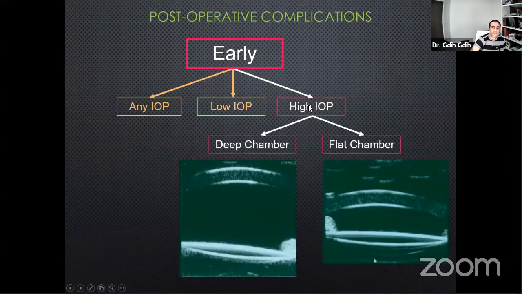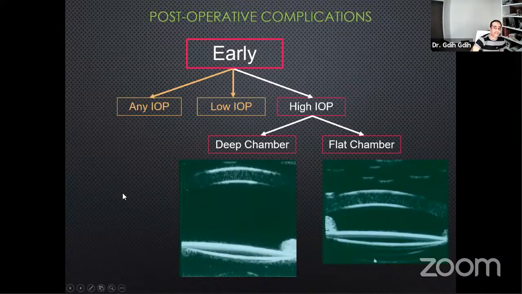Okay, early but high IOP. As I said, always think about the aqueous. Where is the aqueous? Where is the problem? If you follow the aqueous, you can know where the problem is. Now you have a high intraocular pressure, but a deep anterior chamber. So what does that mean? Think about it. The aqueous has nowhere to go.